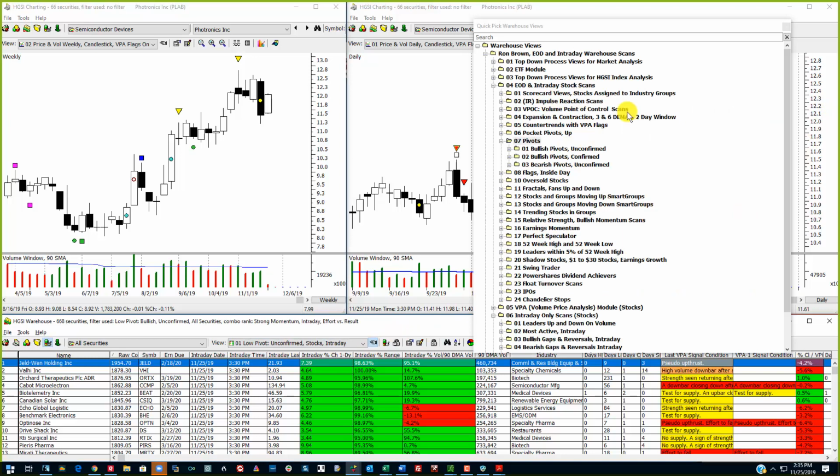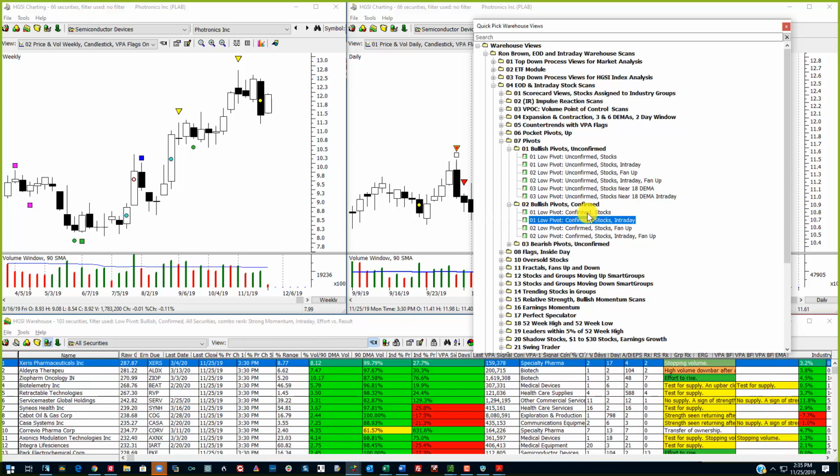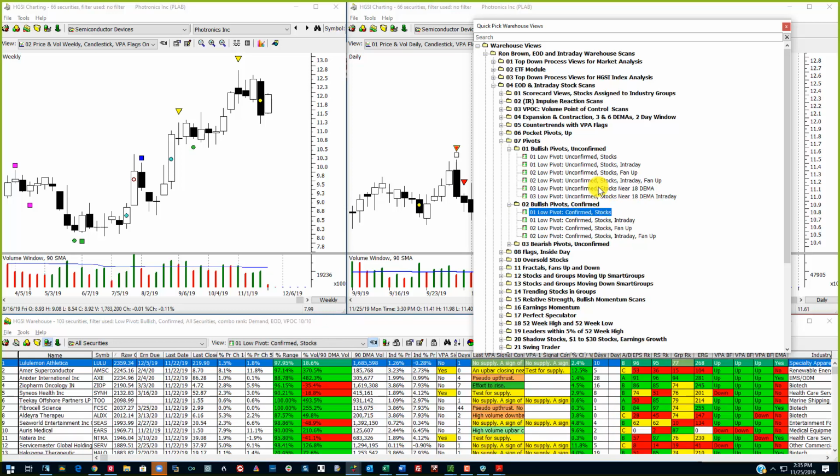Okay, let's take a look here at what I'm doing. As you can see on the PDF file, I have an area here called pivots. It's under the end of day and intraday stock scans. And I have bullish pivots, unconfirmed and confirmed. Now, I have to work with the fields that are available in HGSI, and these work, but they could be a little more precise if I had the exact tools, but I think I've figured it out well enough that everything here works.